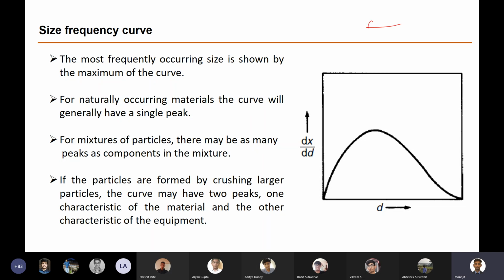So in one graph you get something like this, and in the other you get something like this. The second peak may be because of the way you broke the particle. For this you might have used one crusher, and for that a different crusher. The two peaks indicate that you used some instrument to break the particle. It's not a naturally broken particle that you got from nature. Else you will get only one peak.